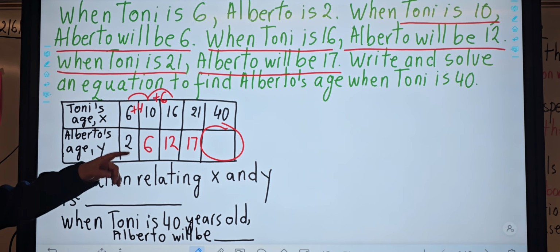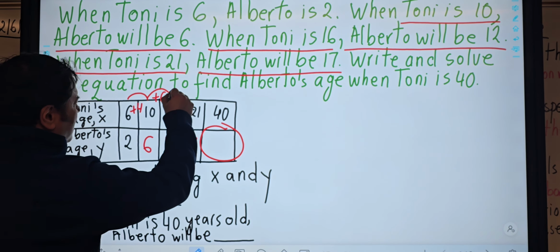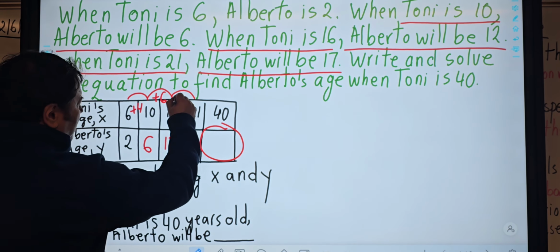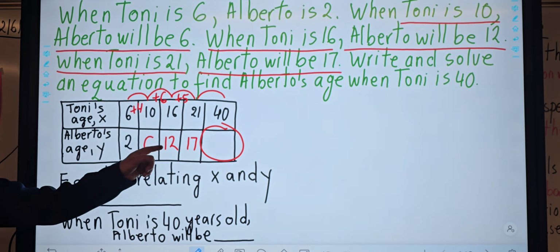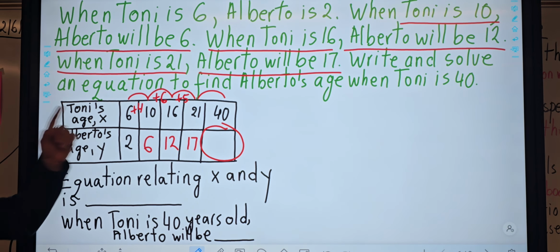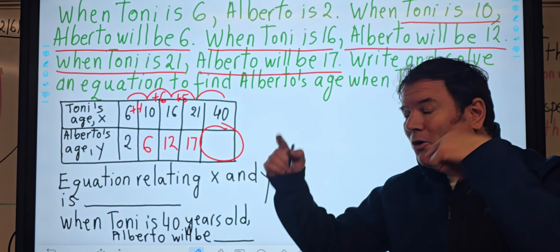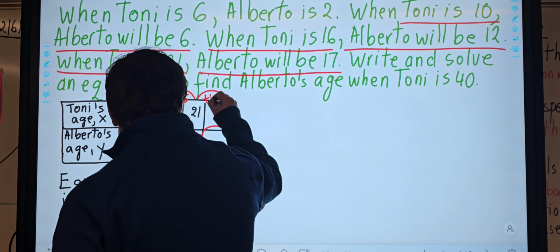From 16 to 21, we are adding 5. Now from 21 to 40, we are adding 19.